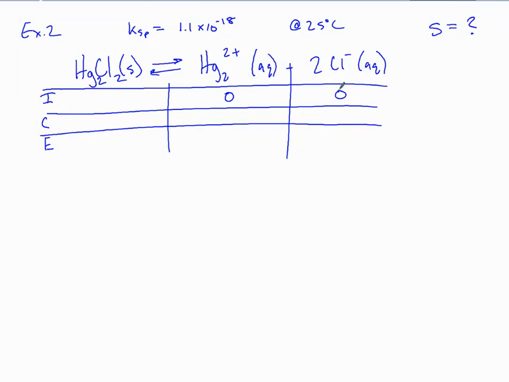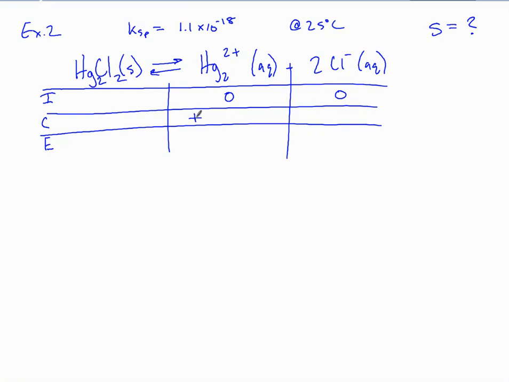So we know that when we start putting this mercury 1 chloride in the water, some of it will dissolve, which means that we are going to have more mercury in the water. It's increasing, it's positive. Coefficient is 1.